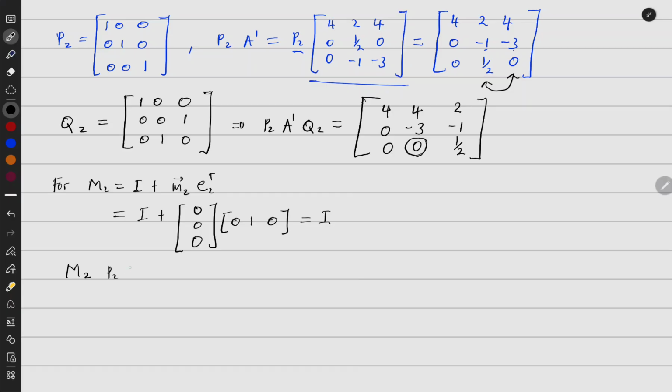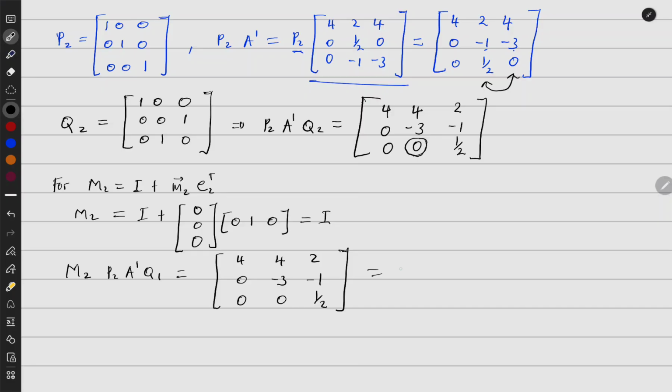So when I multiply now this M2 times P2 A1 Q2, you remember now M2 is the identity. So I will just get this: 4, 2, 0, negative 3, negative 1, 0, 0, 1 out of 2. So we have something like that.